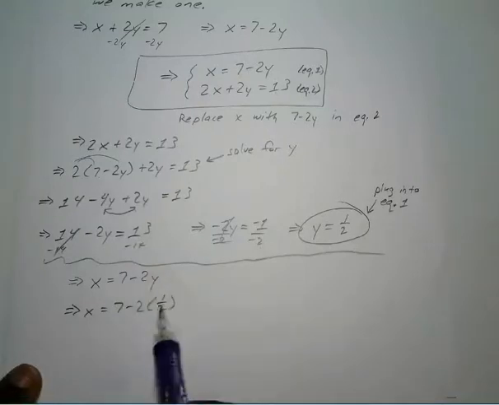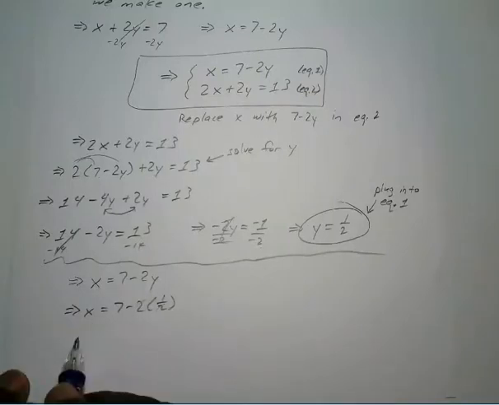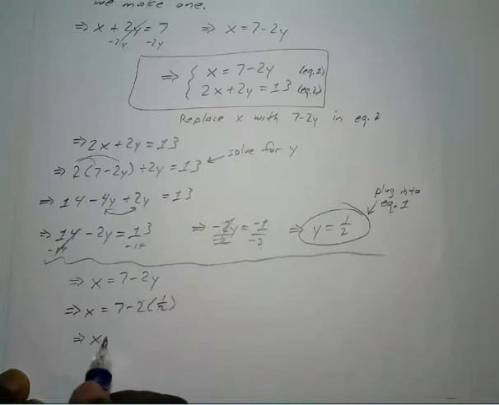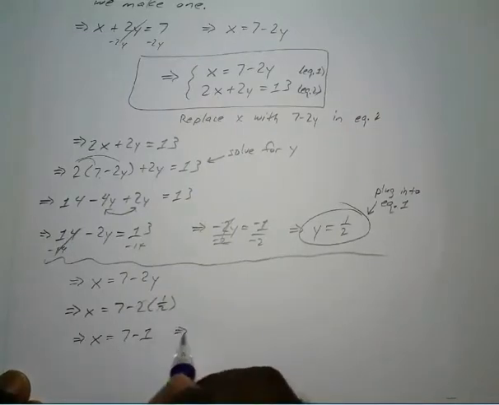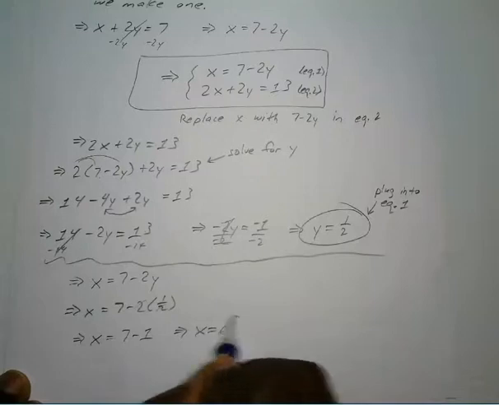You can go ahead and cancel out those 2's. So x is equal to 7 minus 1, or just x equals 6.